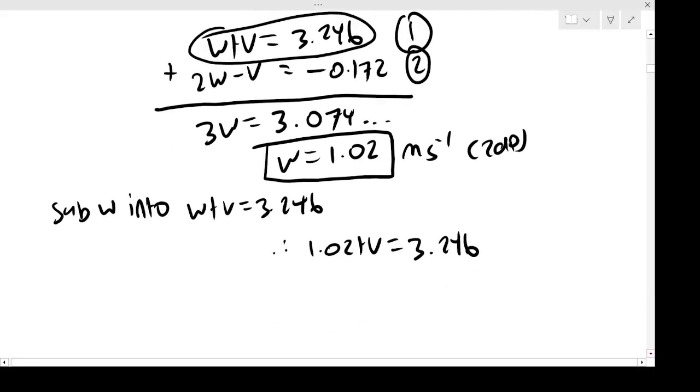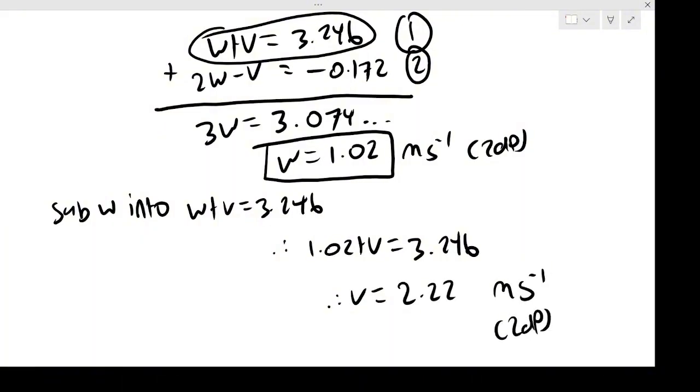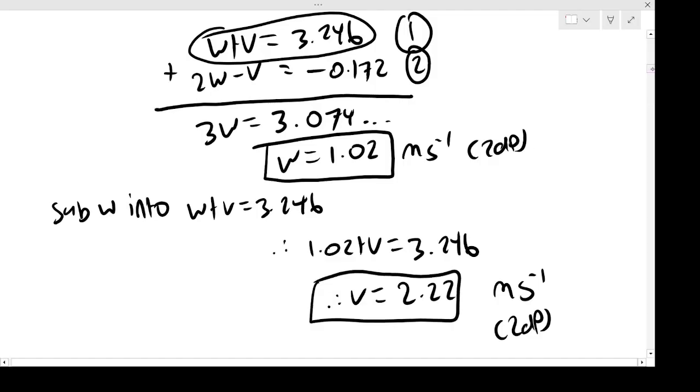So therefore V, subtract 1.02, we get 2.22. Okay, and there we are. That's my speed V. So we found all our speeds, right? So there we are. Hopefully happy with that.